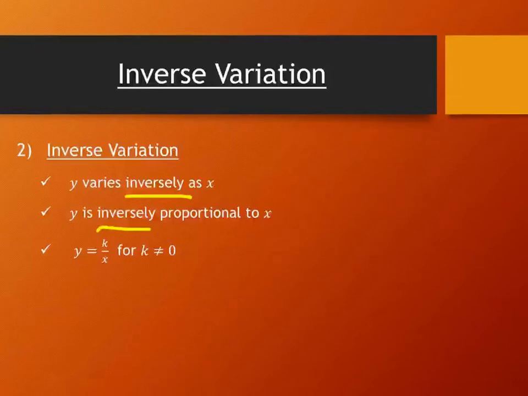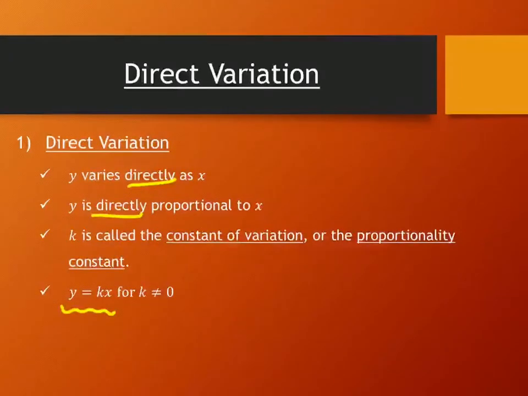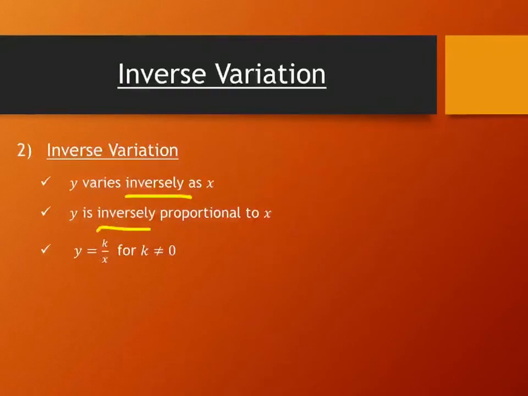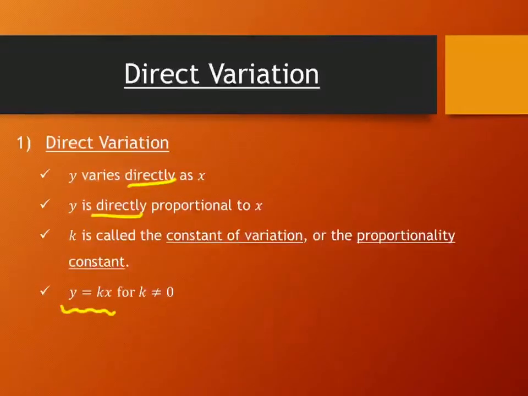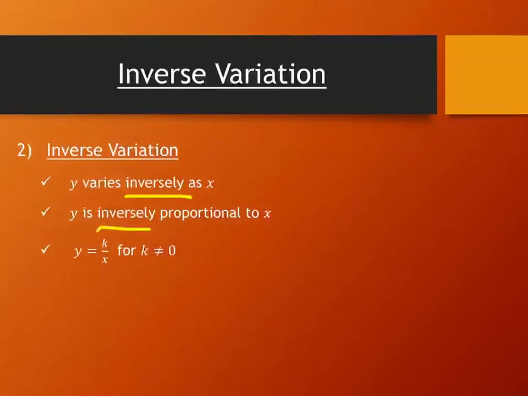And instead of the equation y equals kx, we get y equals k divided by x. And you might think, okay, division, it's the inverse of multiplication, and that would be the right kind of thinking. Again, k is called the constant of proportionality, or the constant of variation, and the k value cannot be 0. Again, it's a real number, it's not equal to 0.